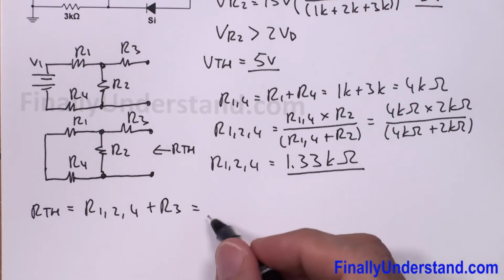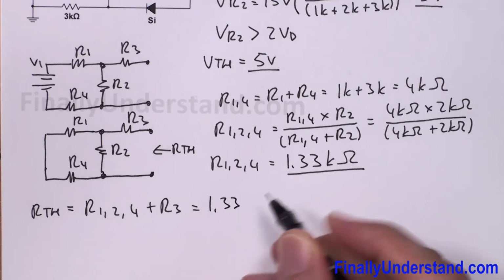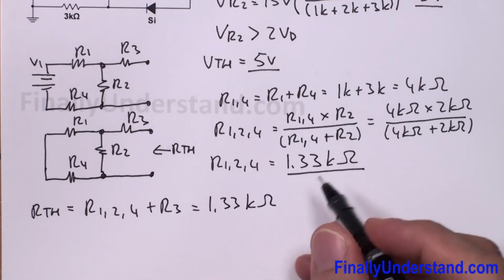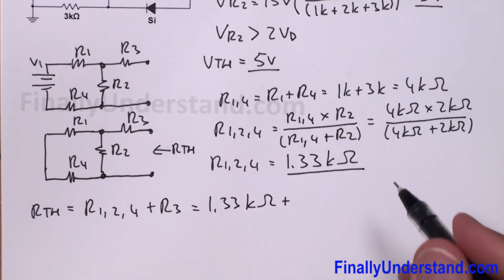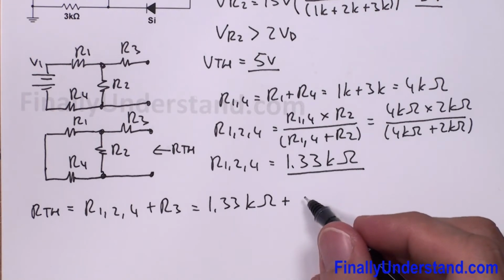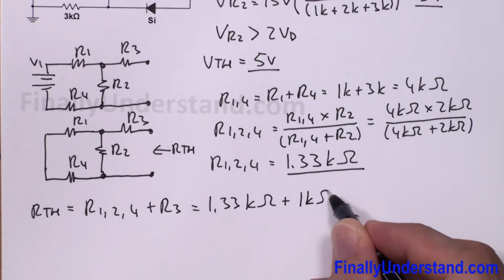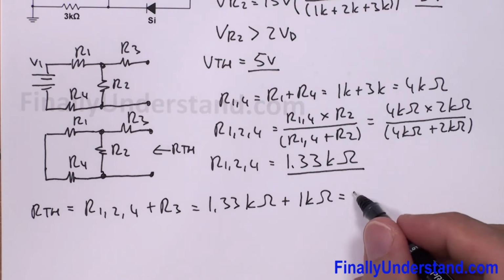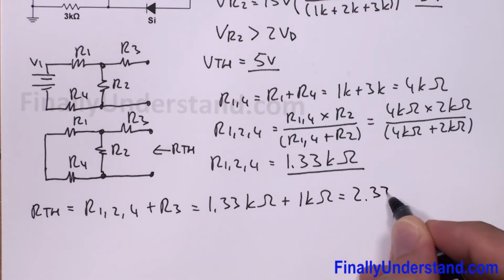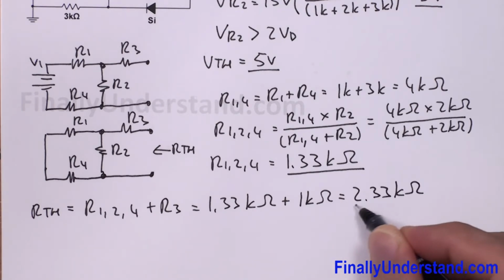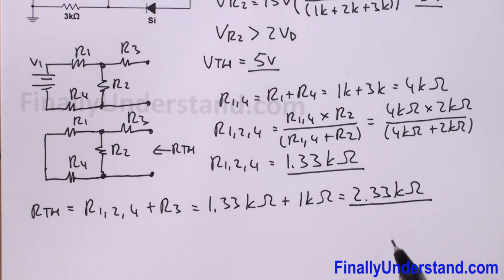This is equal to 1.33 kilo ohms plus R3, which is equal to 1 kilo ohm, and this is equal to 2.33 kilo ohms. Okay, so this is my RTH.